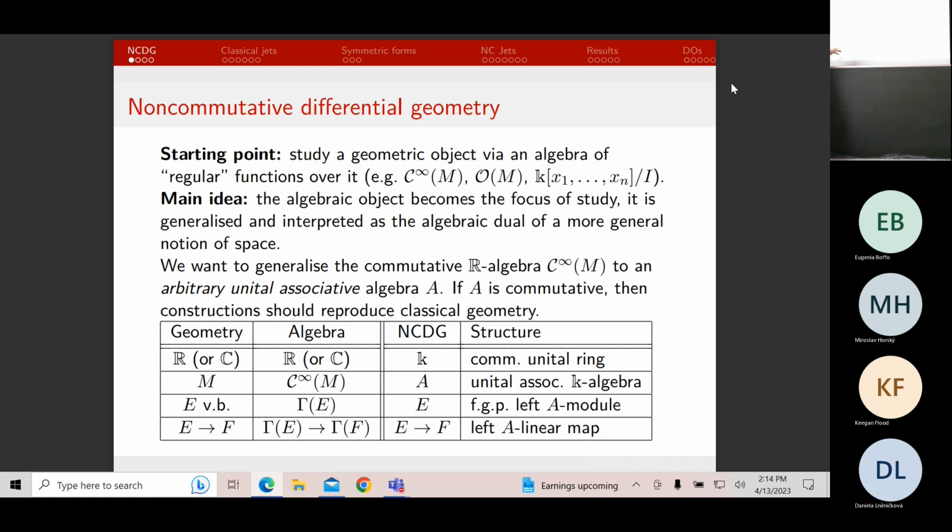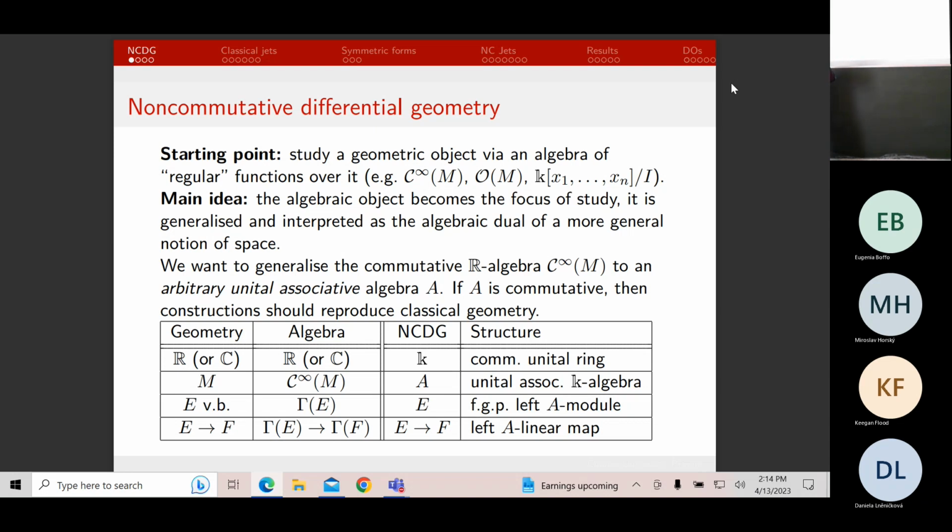Now, as I said before, the manifold M is encoded algebraically as the algebra of smooth functions over it with real values. For us, this will just be a unitary associative K-algebra. A vector bundle, which algebraically corresponds to the C-infinity module of global sections, will correspond in our setting to a generic left A-module.